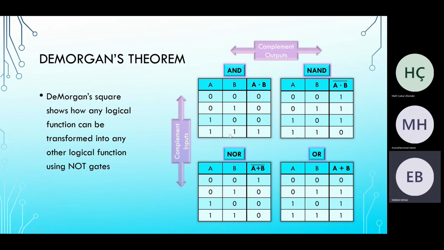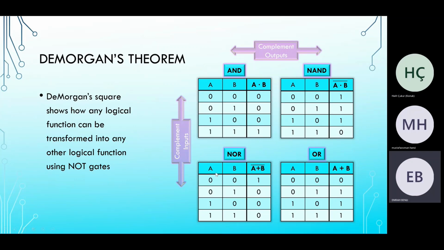So 1, 1 here is 1. What about 0, 0 now? 0, 0 is 1. See, we get the complement of these inputs, and we see that the NOR operation has that as output here for the 0, 0. Now 1, 0: complement of 1, 0 is 0, 1. The output for 1, 0 inputs is 0.